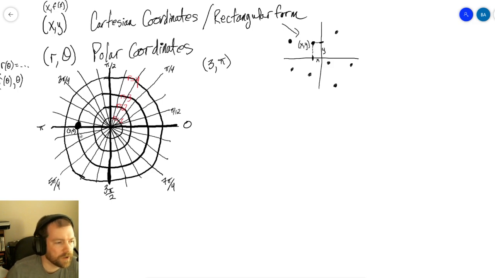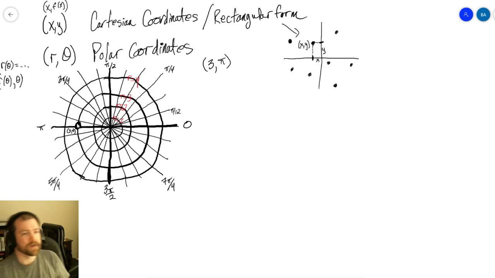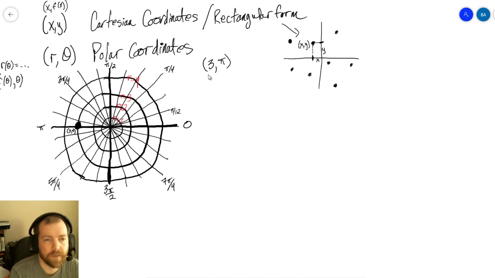Additionally, this point has many other names, so it doesn't have to just be 3 comma pi. We could have also gotten here by facing towards 0 and then walking backwards. Walking backwards 3 is going to be a negative 3, and then we could have been facing 0.